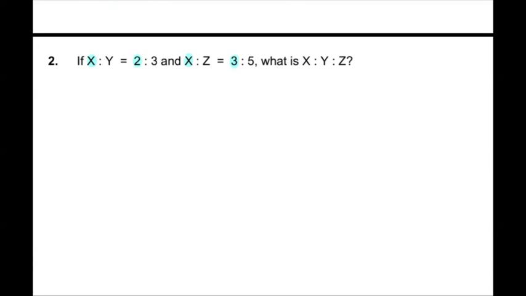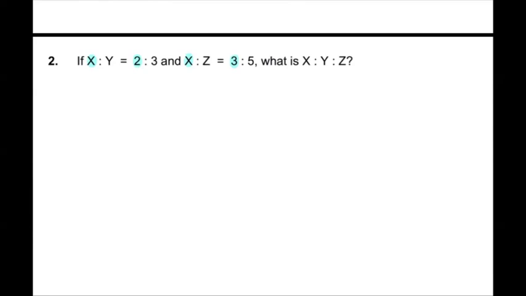But in the second scenario, which is X is to Z, the ratio is 3 is to 5. X is the same character, therefore the value of X should be the same. Repeated identity is to ensure that the value of the character that is being repeated should be the same.